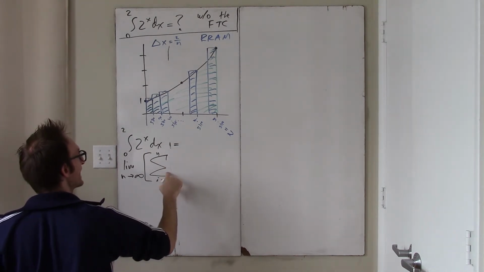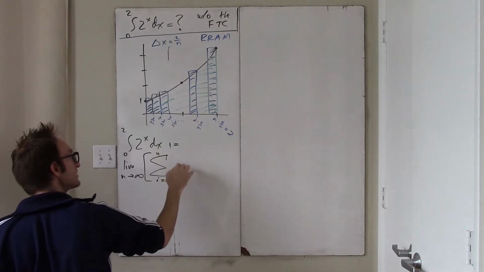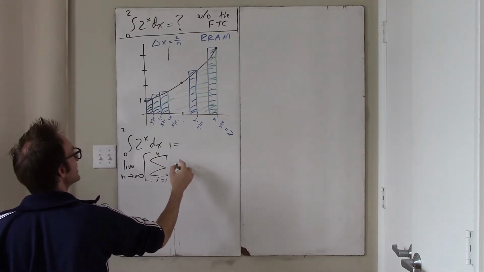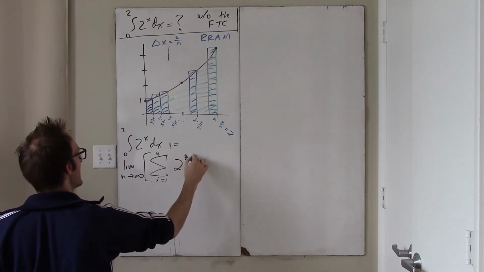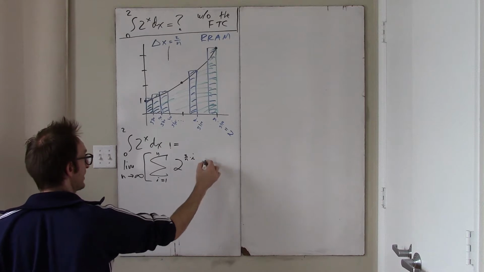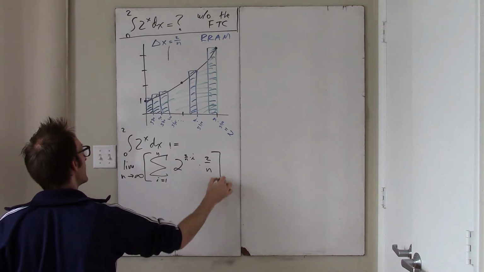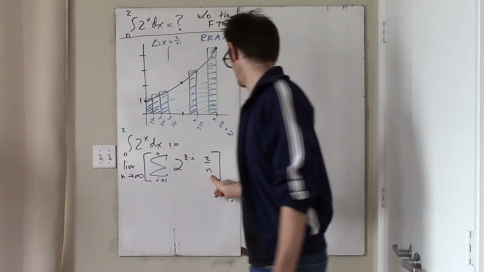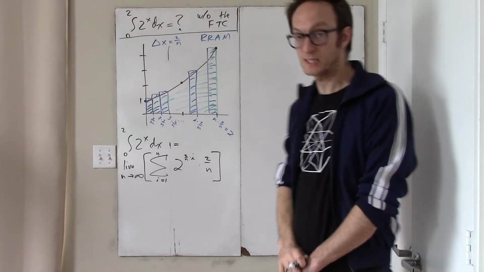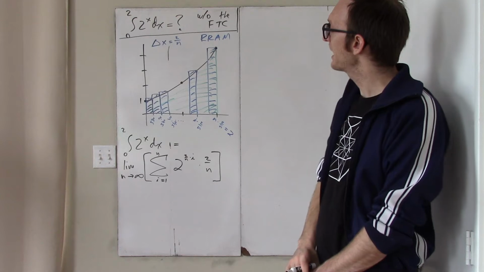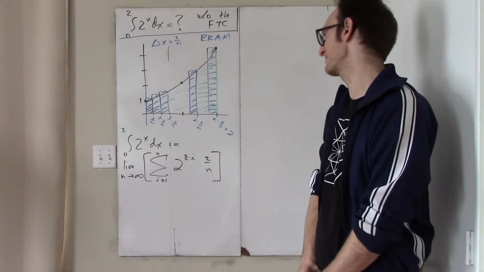And so I'm adding up these n rectangles, and the ith one is going to have area 2 to the 2 over n times i, times the width, which is 2 over n. All of that is completely fine, and really this is just the logic of representing an integral as a Riemann sum, and I haven't really used any particular fact about the function yet.